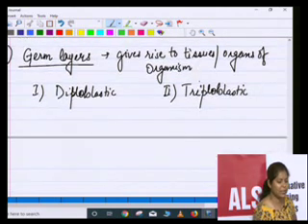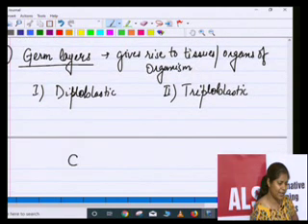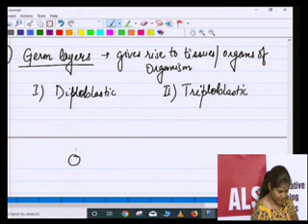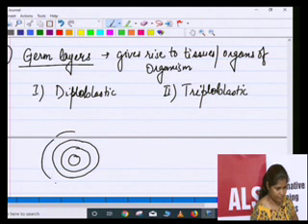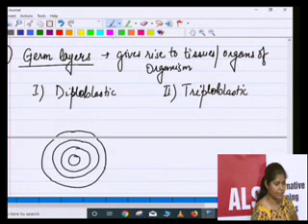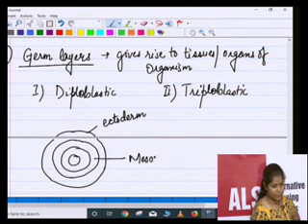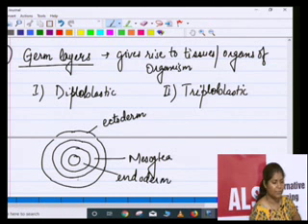So let's see which are the layers present in a diploblastic animal. So this is the ectoderm, this is the mesoglea, not mesoderm, it is mesoglea, and this is endoderm.